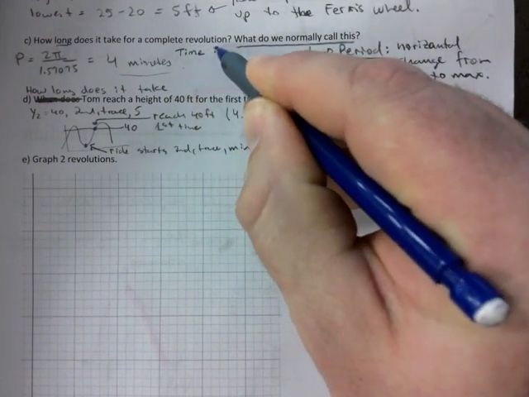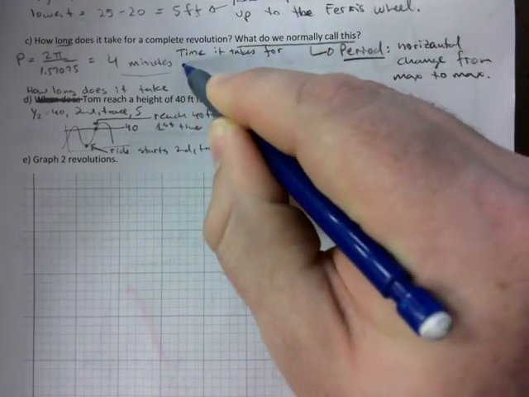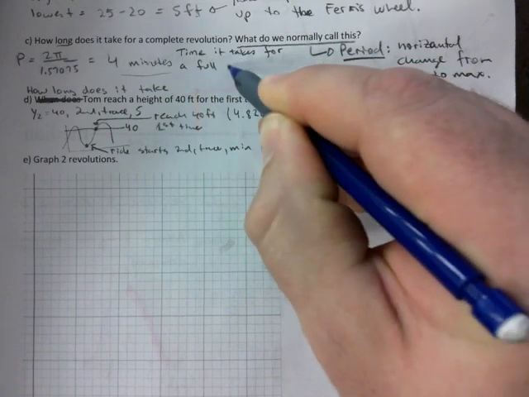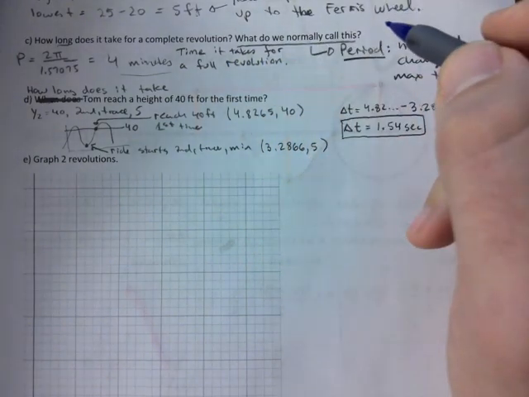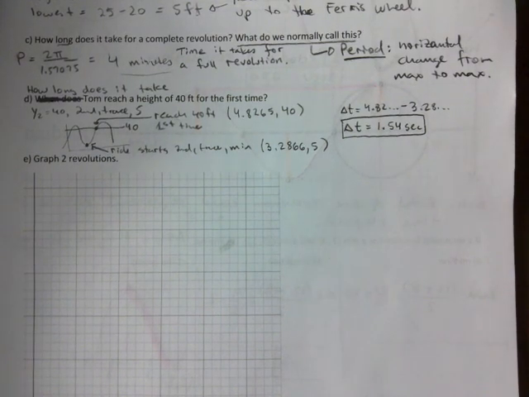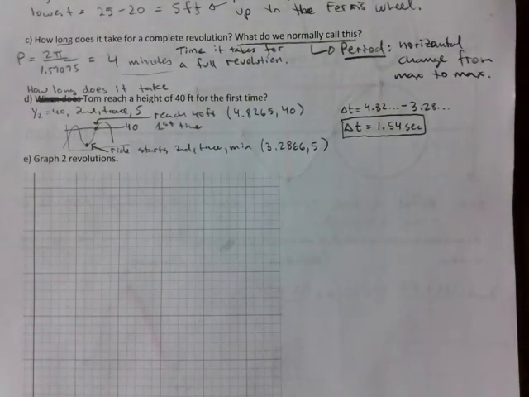Time it takes for a full revolution. It's also acceptable to say how long it takes to go from the lowest point up to the highest and then back to the lowest point. If you want to say it that way, that's also acceptable.